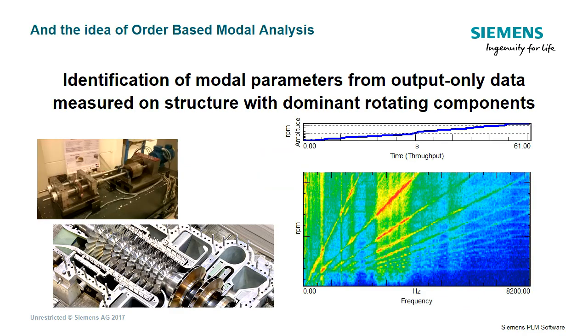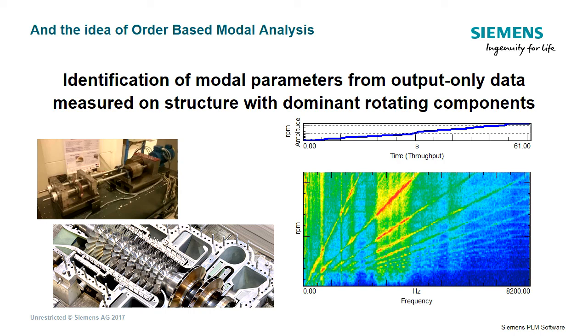An extension to operational modal analysis is order-based modal analysis. The method was specifically developed to identify a modal model for rotating machines in operation. Here, the assumption is that the dominant excitation is generated by a rotating component.